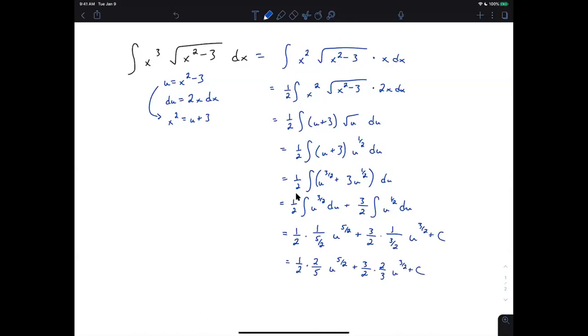So these cancel completely. And then here the 2's cancel, so we get 1/5. And then instead of u to the 5/2, we've got x squared minus 3 to the 5/2 plus, and instead of u to the 3/2, we have x squared minus 3 to the 3/2 plus c, and then that's the answer of this problem.